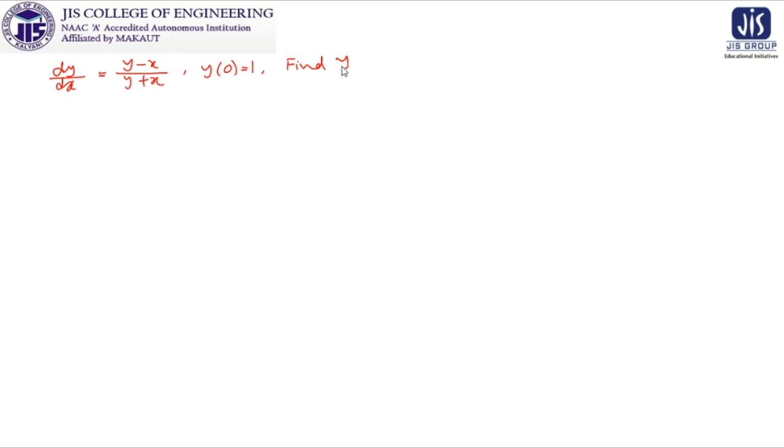We have to find out the value of y at x is equal to 0.1 by modified Euler's method. And I think all of you are now able to think about what will be the step size we have to use.